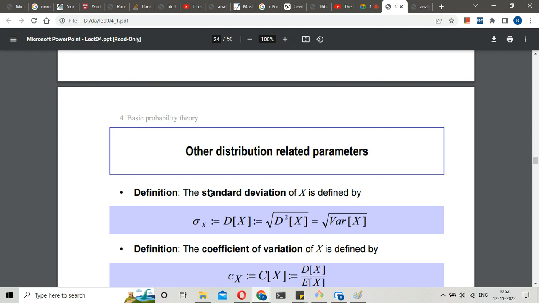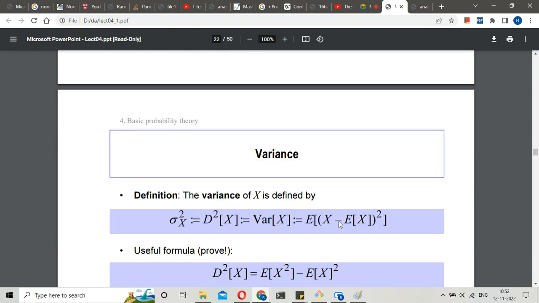So similarly, we use standard deviation. Standard deviation is related to the square root of variance. And if you remember, just now we talked about how we calculate variance, here only E of (X minus mu) square, where E of X is mu. So you are getting the mean, taking the square and its expectation.